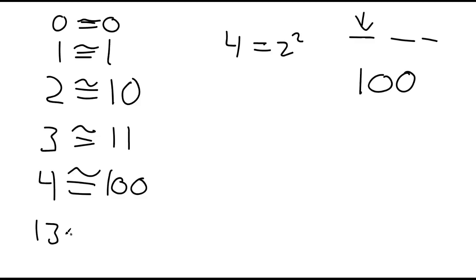Now we're going to get to the fun one, 13. Now the reason I chose 13 is because it's kind of high, but it's not overly difficult. So we're going to start doing our math here. I'll write out the places first. So we have our 1's place. We have our 2's place. 4's place.